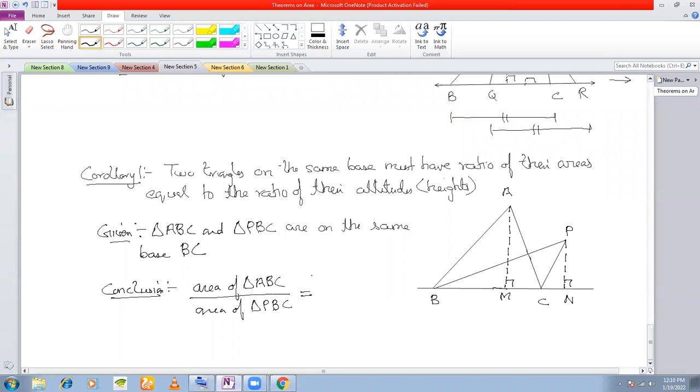What are the altitudes? For triangle ABC, the altitude is AM, and for triangle PBC, the altitude is PN. Is this theorem clear or any question?